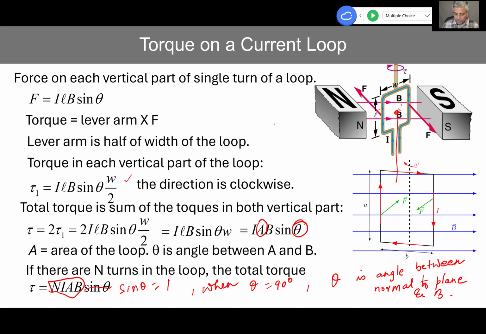For example, let's say we have a coil like this and a field like that. The normal is going to be coming out here. So the angle between this line and the vertical line coming out from here is going to be 90 degrees. So theta is 90 degrees, and that's where this becomes maximum.